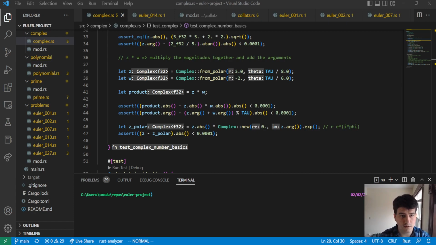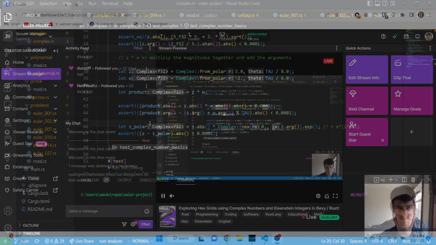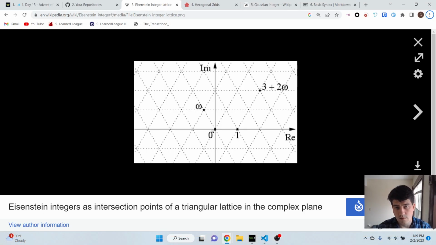It's going to be what? So here's the hex. So the center of the next hex is +2. It's at 0, 2. The hex to the left is going to be at -2 omega. Oh, there is no hex to the left.